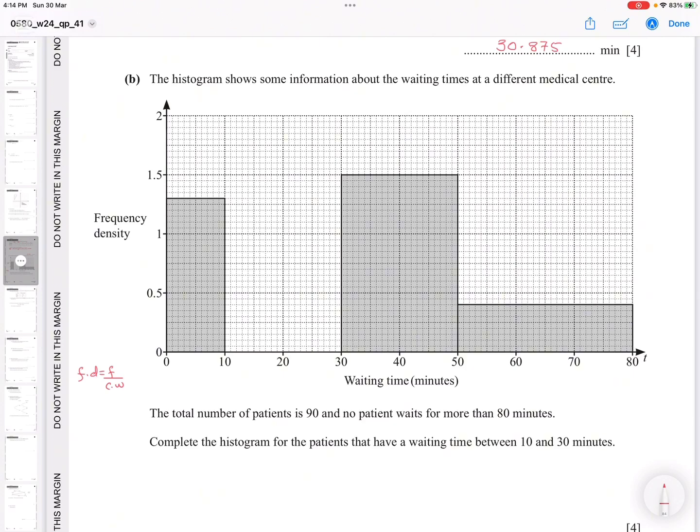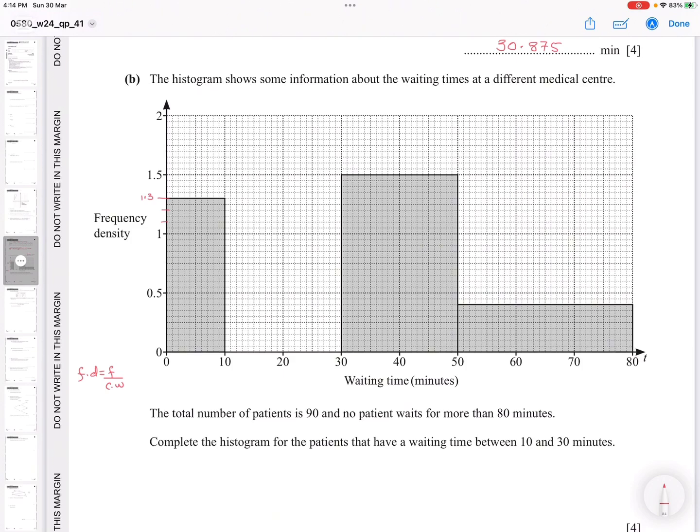For the first bar from 0 to 10, the frequency density is 1.1 here, 1.2, 1.3. Every two small blocks represent 0.1, so you can calculate its frequency density and its frequency.